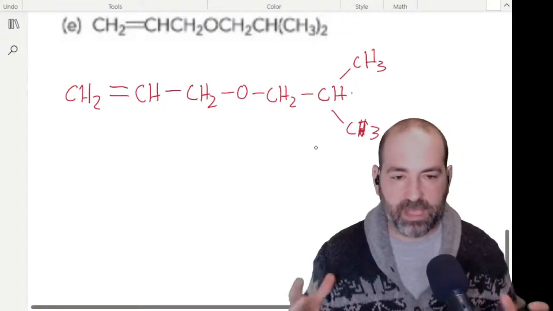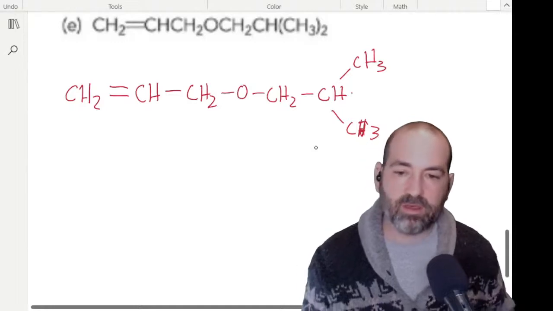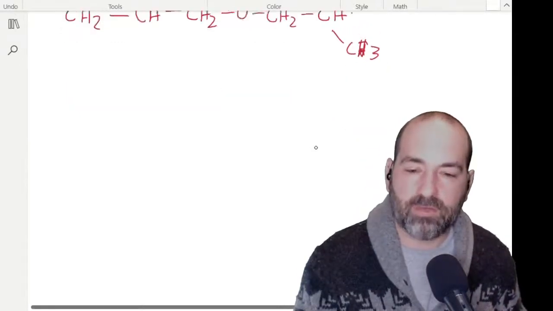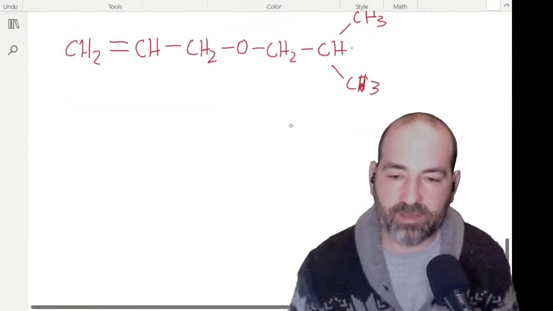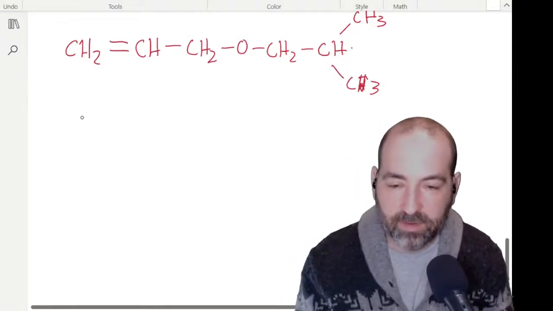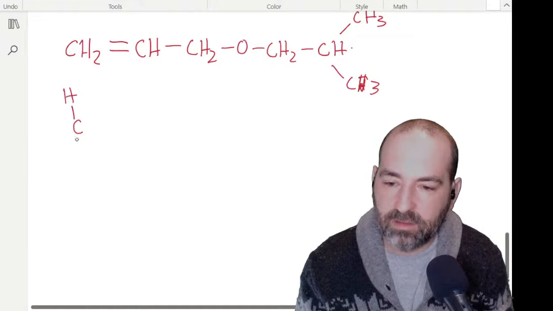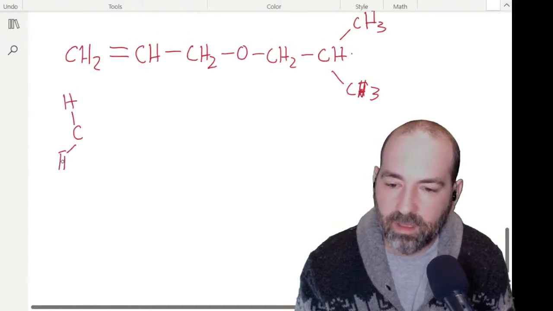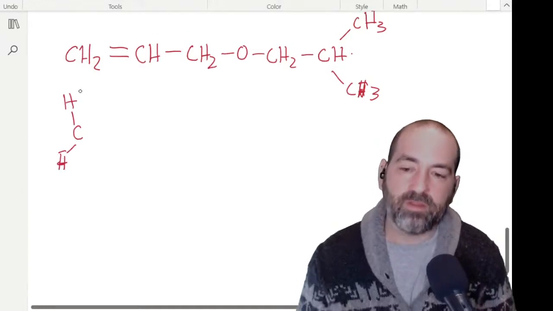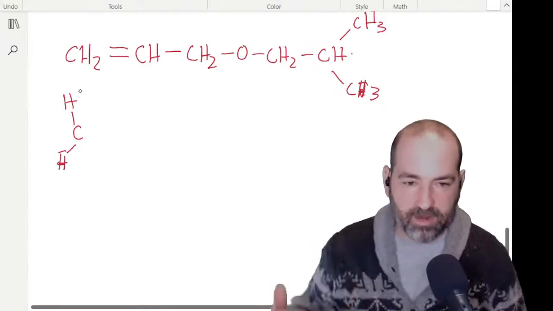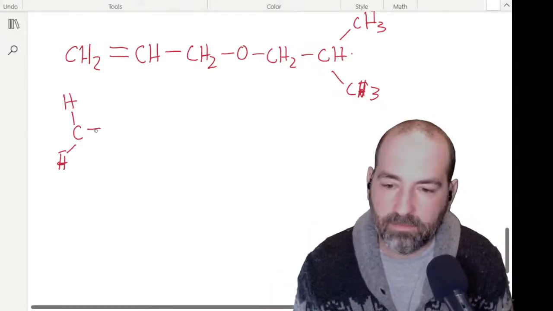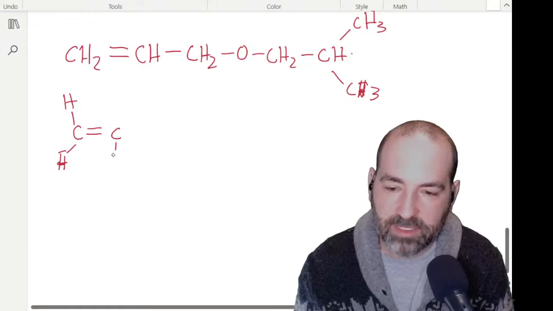So that expands it out a little bit. Now when we go to the Lewis structure, we just have to expand the hydrogens off the carbons, and then do our checking, of course. So we've got a C with 2 H's. At this point, don't worry too much about whether your H's are coming straight off or at angles. We just want to make sure we have the right connections.